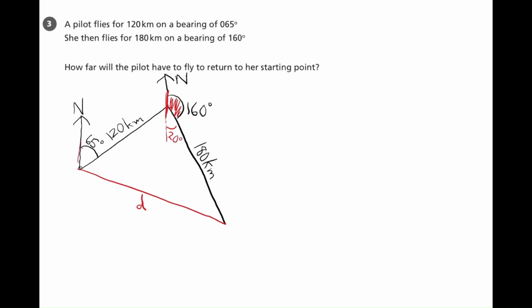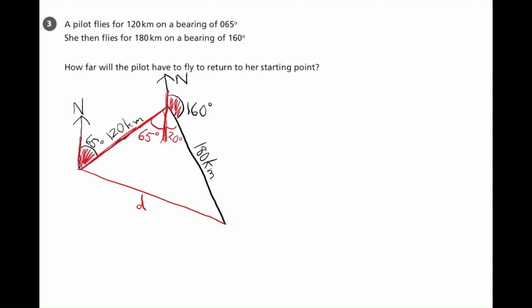If we look at this north line, join it up to the other north line and come down, we're making a Z shape. So the 65 degree angle and this angle will be equal, because we have Z angles, or proper name, alternate angles.